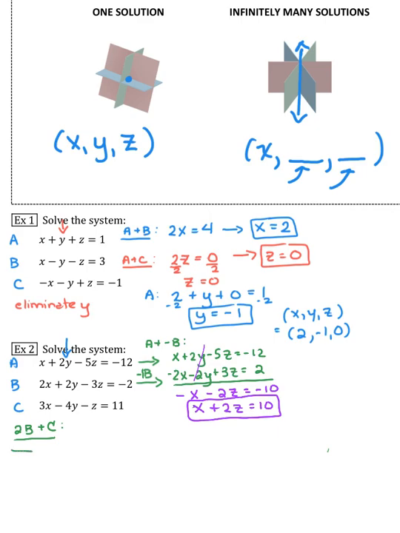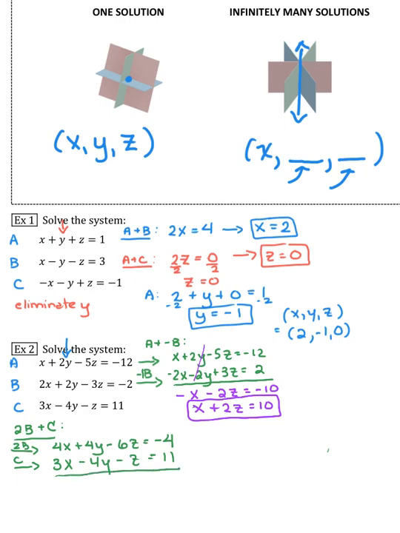If I'm multiplying everything in B by 2, that's going to give me 4x plus 4y minus 6z equals negative 4. Make sure you multiply all the way through. That's one of the mistakes that is pretty common. And then C I can just rewrite as it is. So this is 3x minus 4y minus z equals 11.